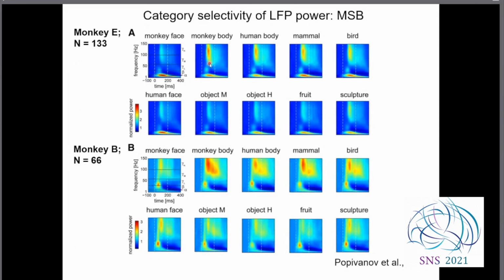What you see is that you have, on average, stronger activation for the bodies, the monkey bodies, the human bodies, the mammals, and the birds, compared to the other categories. Also here in this second monkey, it's pretty strong, in fact. So you see that there seems to be, at least at the LFP level, at the power in the gamma range, a nice category selectivity which fits the fMRI data, in the sense you have a stronger activation for bodies compared to other object categories.